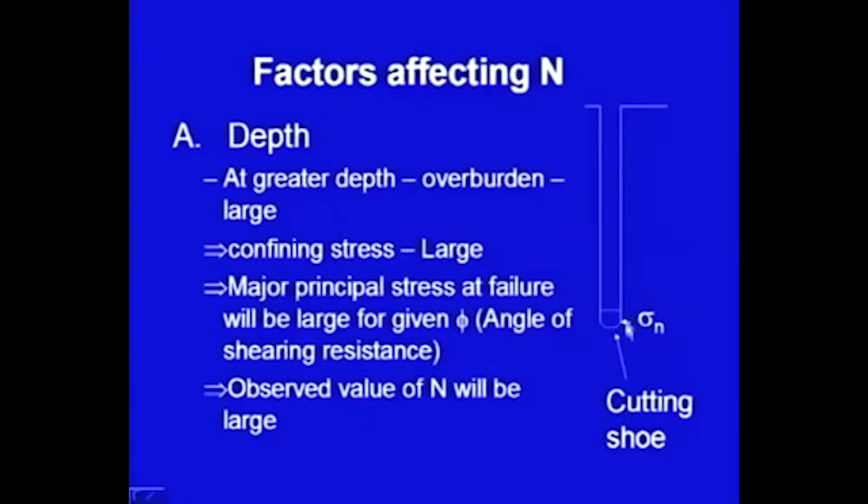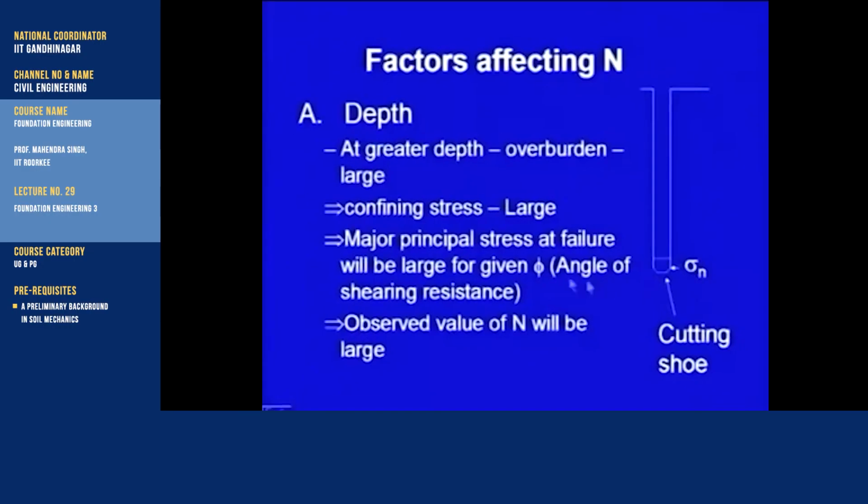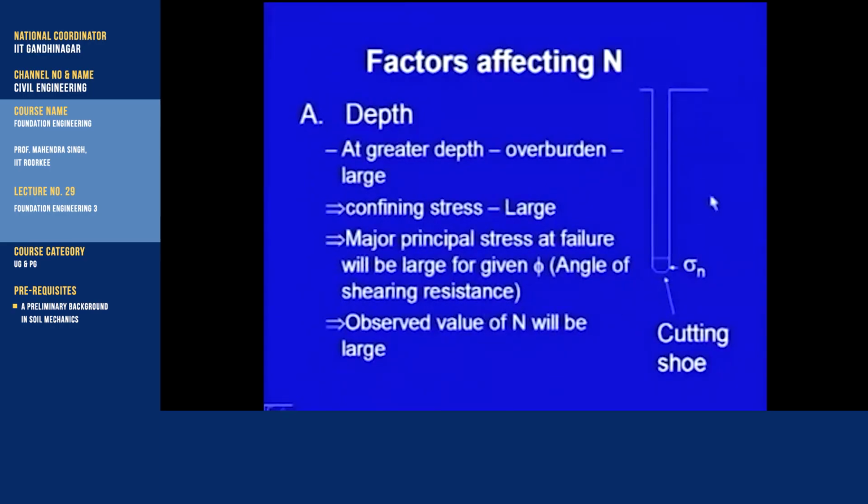So, if the confining pressure is large, you should expect higher strength. If this particular soil is giving higher strength, it is obvious the observed value of N, which is nothing but a measure of the strength of this soil, will also be large. So, if the overburden is large, the observed N will be large.